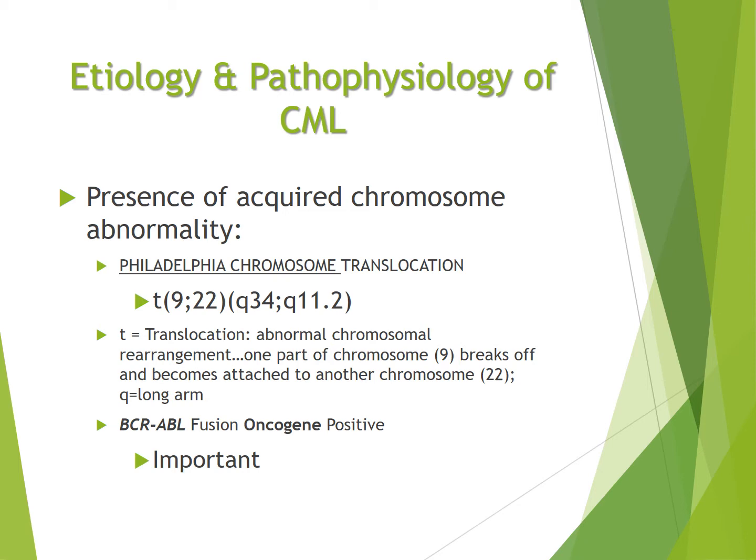This acquired mutation specifically reflects the translocation of the ABL proto-oncogene from chromosome 9 to the breakpoint cluster region, which is BCR, of band q11 of chromosome 22. Now, this results in a unique chimeric gene called BCR-ABL1.